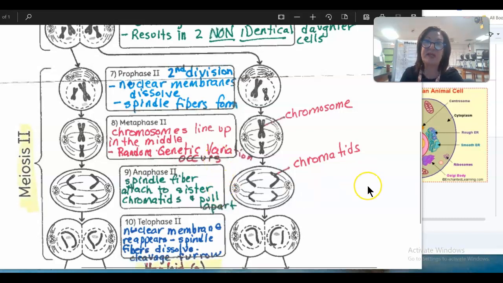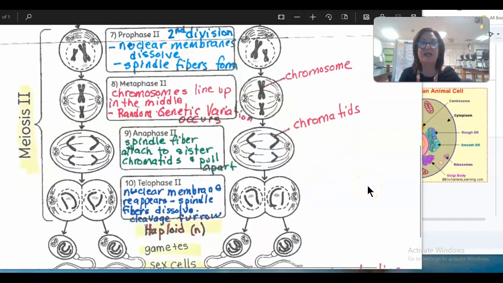And then we get to anaphase, and here we're going to pull apart. So we're going to pull these chromosomes apart into sister chromatids. Okay, so now I have that, right?